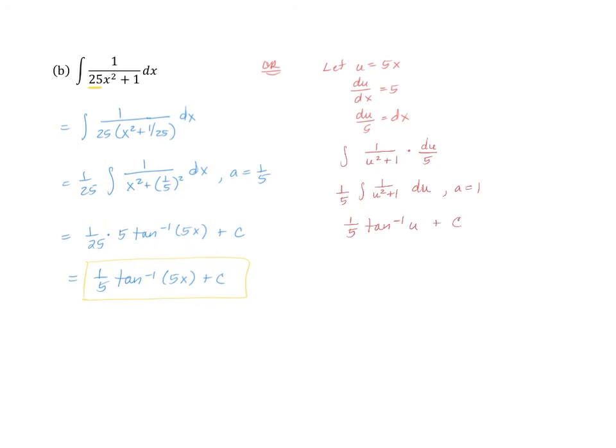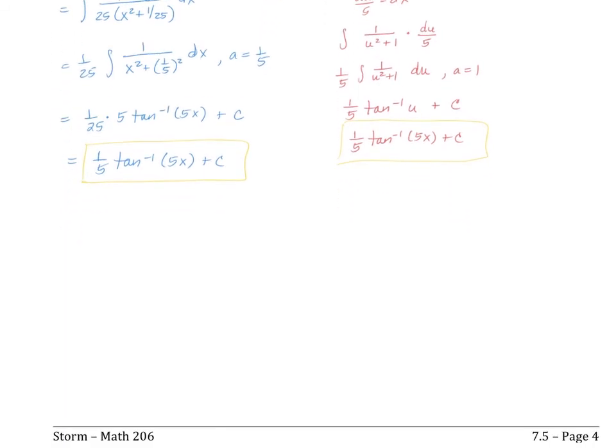And then I would just substitute in my u value. Okay, I started with x, I have to end with x, which was 5x. So if you would prefer to do a u substitution to get it into the form that you need, that's fine as well. It doesn't matter to me which method you use. Okay. I tend to just do the math and not the substitution.